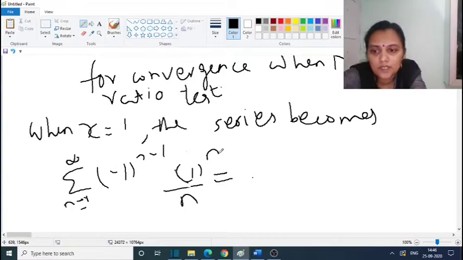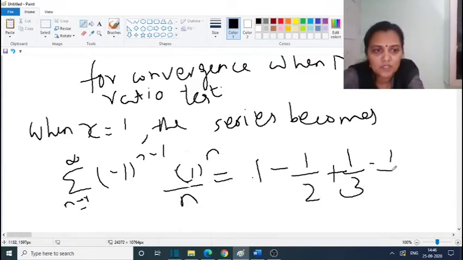So when n equal to 1, this becomes (minus 1) raised to 0, and 1 raised to 1 by 1. This will be 1. When n equal to 2, the series becomes (minus 1) raised to 2 minus 1, so it becomes minus 1 by 2. Next term is 1 by 3. Next term is minus 1 by 4 plus etc.